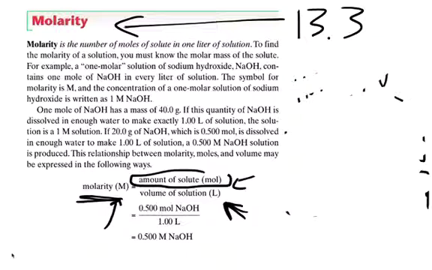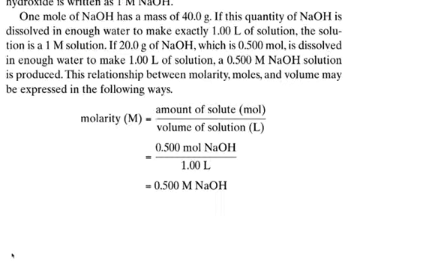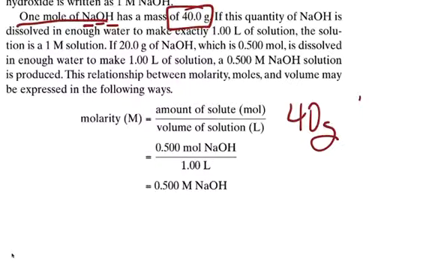Well, if we look at what is here, they have an example about sodium hydroxide. So it says if we have 1 mole of sodium hydroxide, again, sodium's 22.9, oxygen's 16, hydrogen's 1. It has a molar mass of 40 grams, so that is 40 grams per 1 mole.